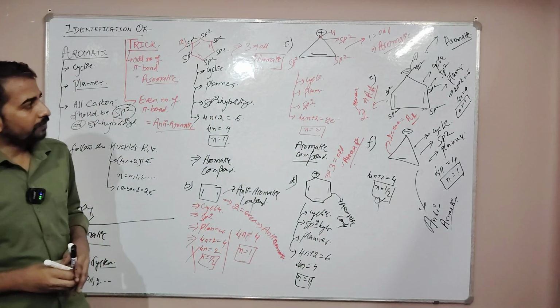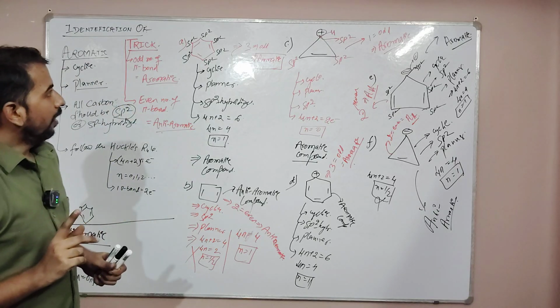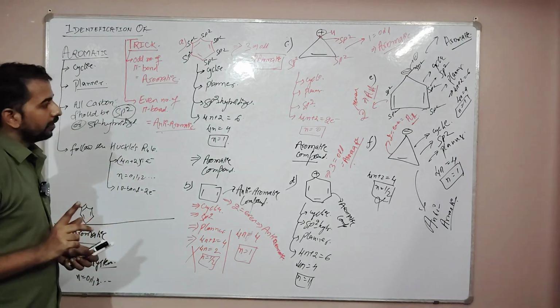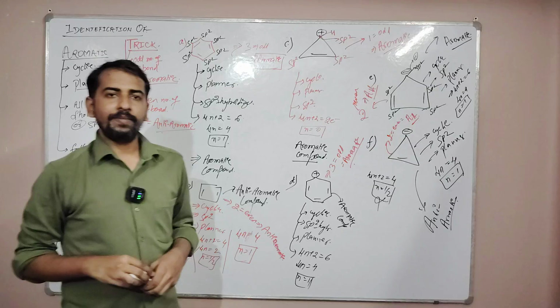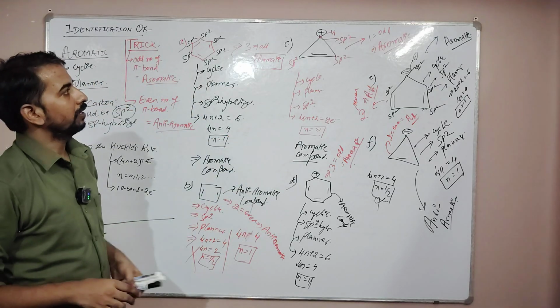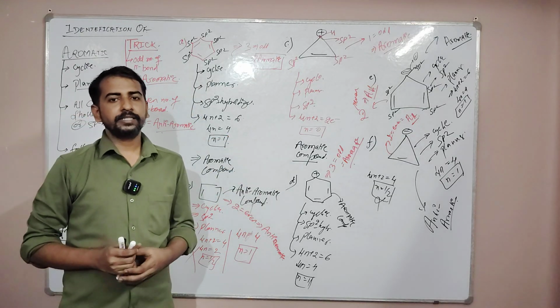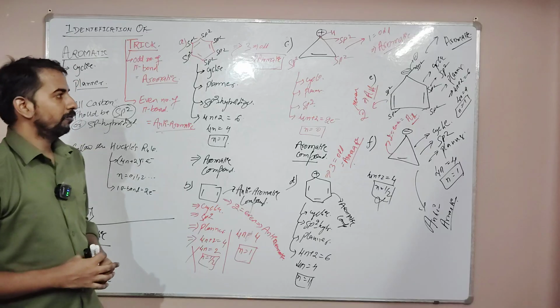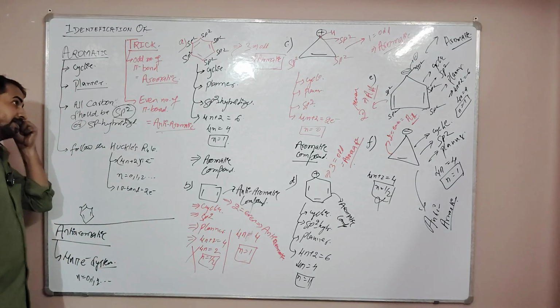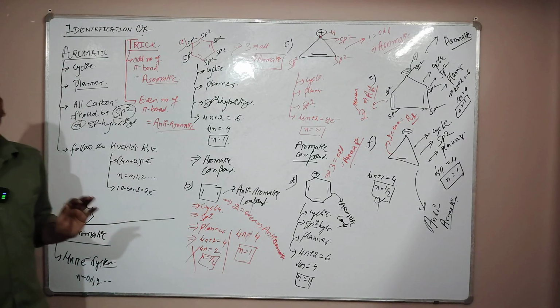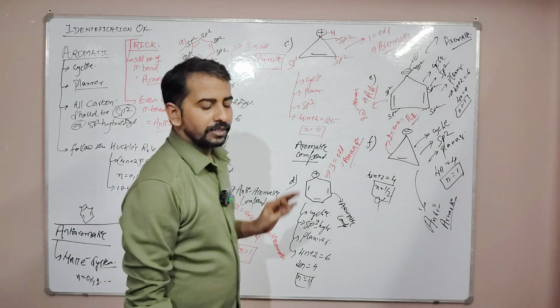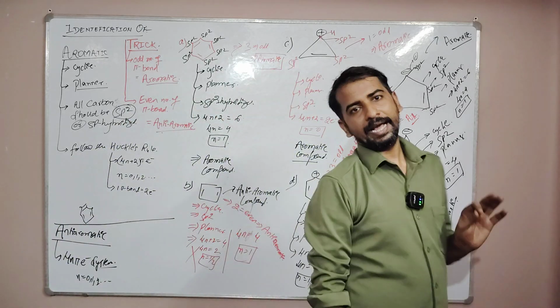One more thing, we have to discuss non-aromatic compounds. First, note down this one. You only have to remember, if the number of pi bonds is odd, your compound will be aromatic.